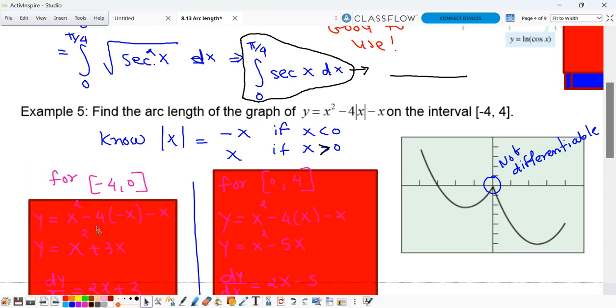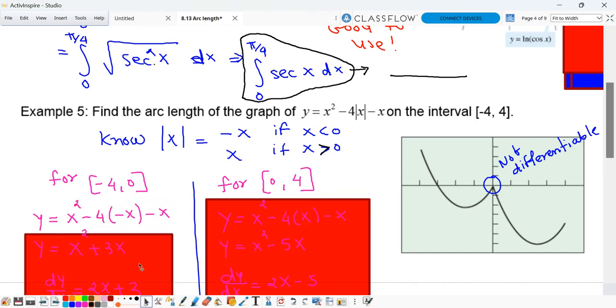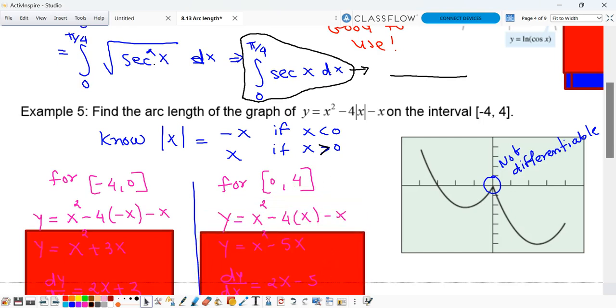So let's talk about how we split it into -4 to 0 and 0 to 4. On -4 to 0, the absolute value of x is negative x, so replace absolute x with negative x. On 0 to 4, replace absolute x with positive x.